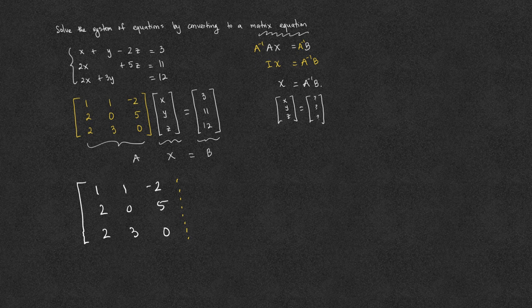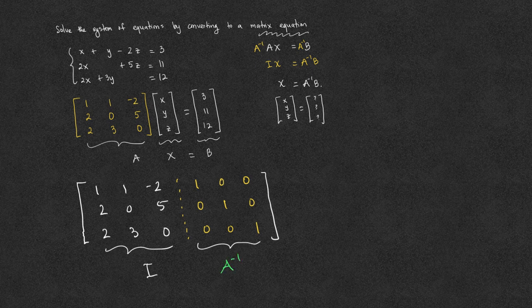This is a 3 by 3 matrix, so we would need to use a 3 by 3 identity matrix 1, 0, 0, 0, 1, 0, 0, 0, 1. And we would perform a series of row operations and turn the left half into an identity matrix. Simultaneously, we will turn the identity matrix on the second half into another matrix, and this matrix will be guaranteed to be A inverse.